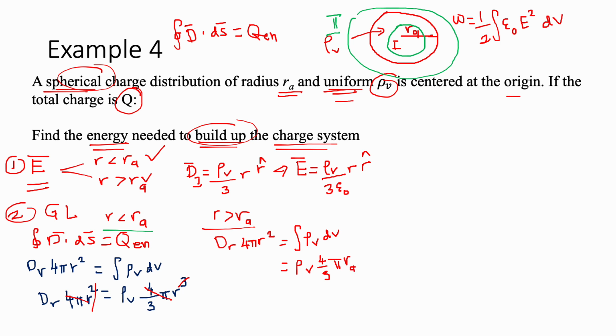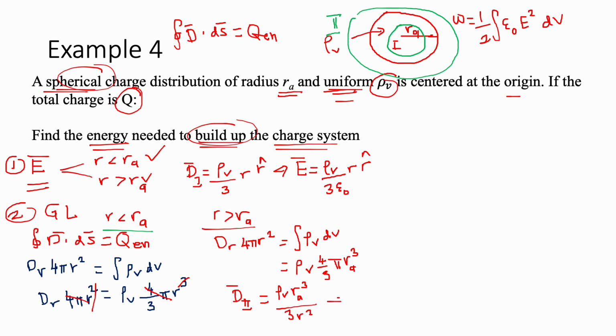Ra cubed, because the radius now is ra. So if we calculate our D, you will get rho v RA cubed over 3 R squared.